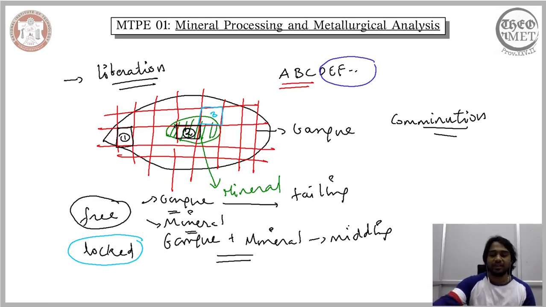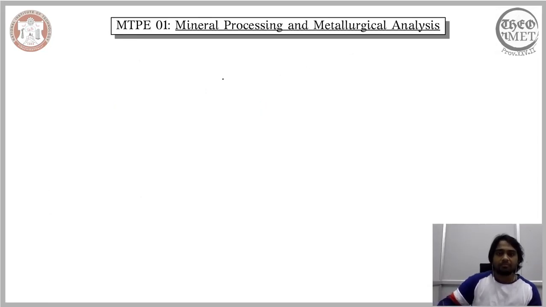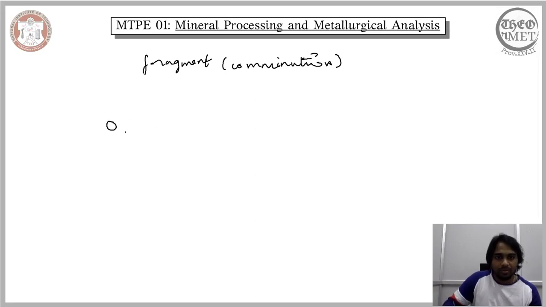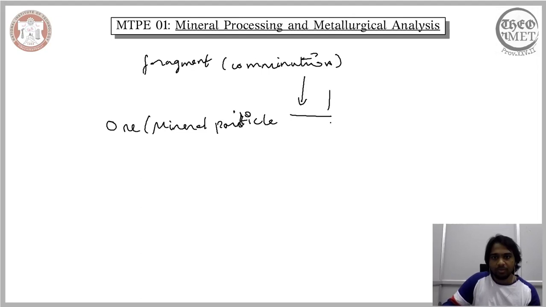So what we essentially have is, when we induce the process of comminution, you have your ore or mineral particle. This is your starting point, and when you introduce comminution into it, you end up with three different types of particles. One is the purely mineral particle, and the other is the gangue particle.